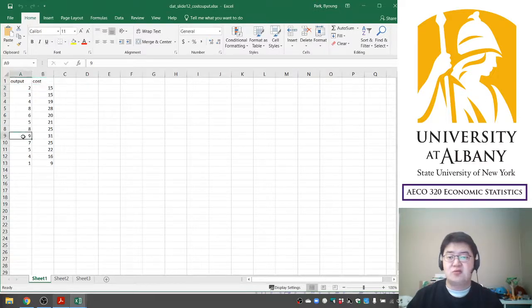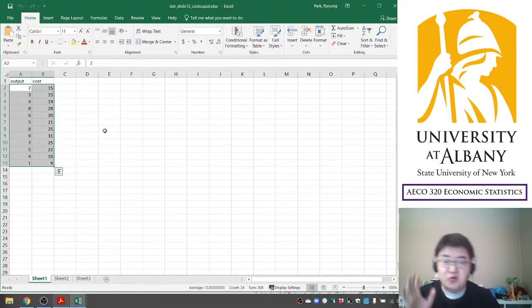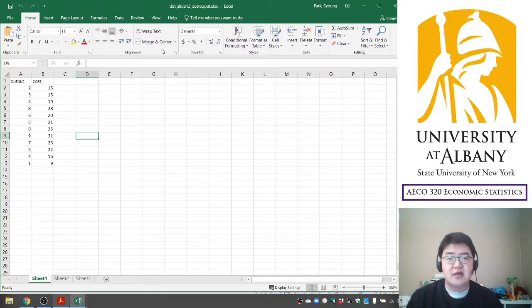And when you produce 9 units, your cost is 31. In that way, we have 12 observations, 12 pairs of observations. In each pair, you have an output and its cost. And let's analyze that using the regression model.